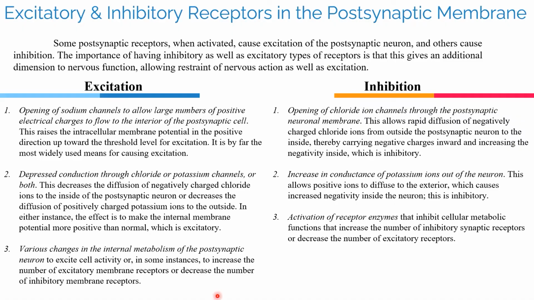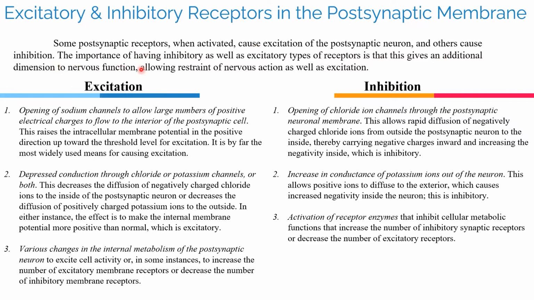Next, we look into the excitatory and inhibitory receptors which are present in the postsynaptic membrane. Some synaptic receptors, when activated, cause excitation of the postsynaptic neuron, and others cause inhibition.